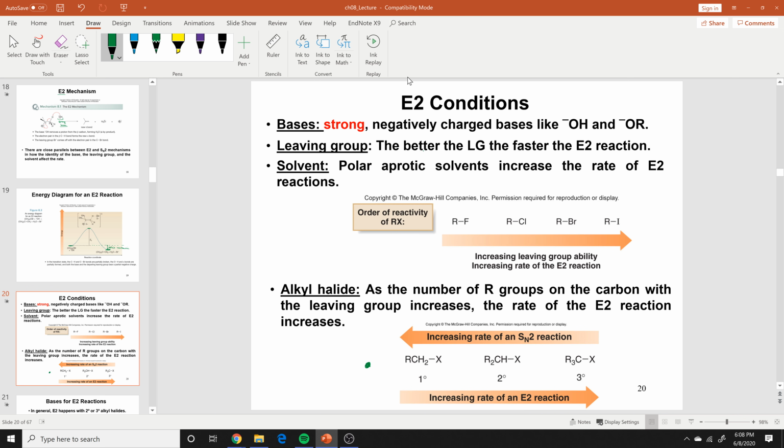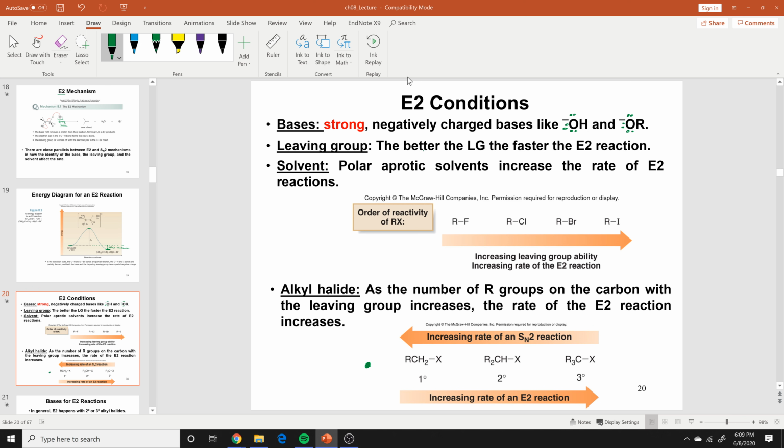So with E2, I'm still using a strong base. The strong base is going to be any of the strong nucleophiles that I worked with before. So these are considered to be strong bases: OH-, OR-. Any base with a negative charge is considered to be a strong base.